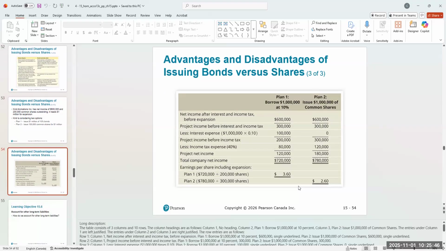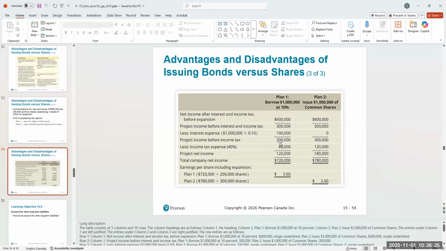First scenario, borrowing the money. Projected income before interest and income tax is 300,000 in both cases. Now, if we borrow the money, we have to pay 10% on 1 million. That's $100,000.